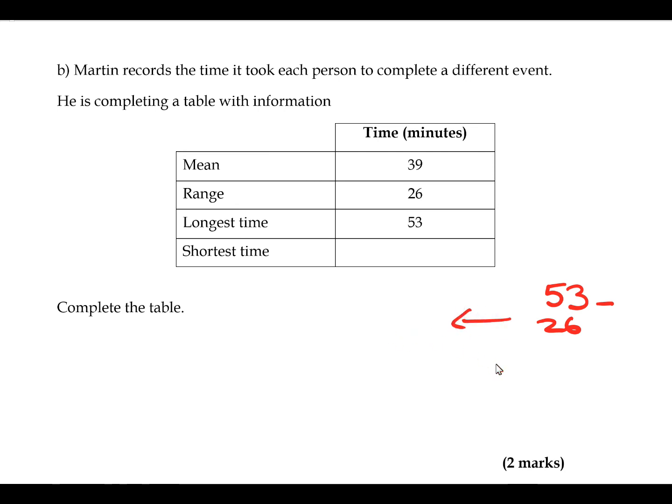So we're going 26 to the left. We're taking away 26 from 53. So our shortest time is 27, and that's worth 2 marks. As a check, you can do 53 minus 27, and it should give you your range of 26.